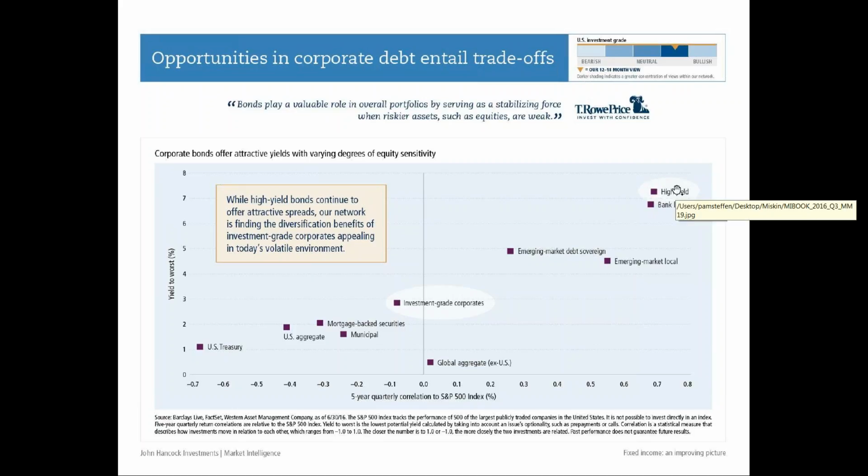On this chart, the vertical axis is yield, your starting yield, which as I mentioned earlier is most likely your total return over the long term. But then you also have your correlation to stocks. So 0.8 means a very high correlation to stocks, negative 0.7 means they actually move the opposite way of stocks.